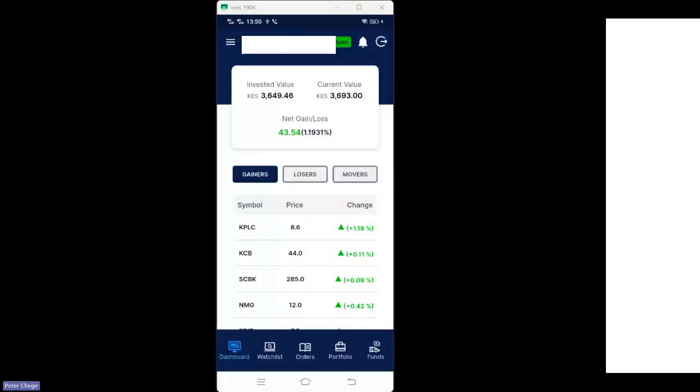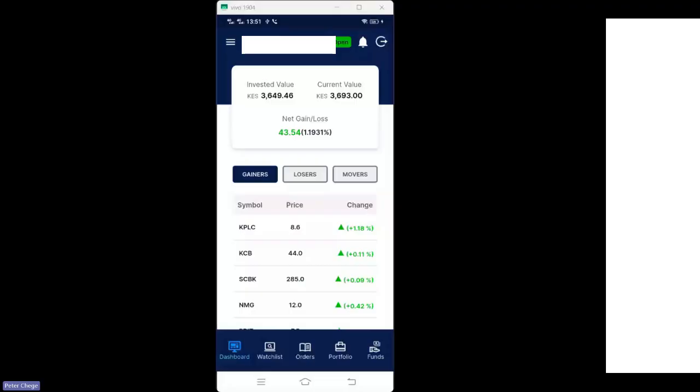For those people who are used to Forex, Forex is actual loss. In NSE, it's not actual because you have not sold. In international stocks, physical shares, you have not lost because you have not sold. And this profit will keep on changing based on the market prices, the way markets are moving. So never panic. I saw a question asking, I've made a loss, should I panic? No, never. Remember KPLC one time, I don't think it is a long time, it was trading below 1 bob.